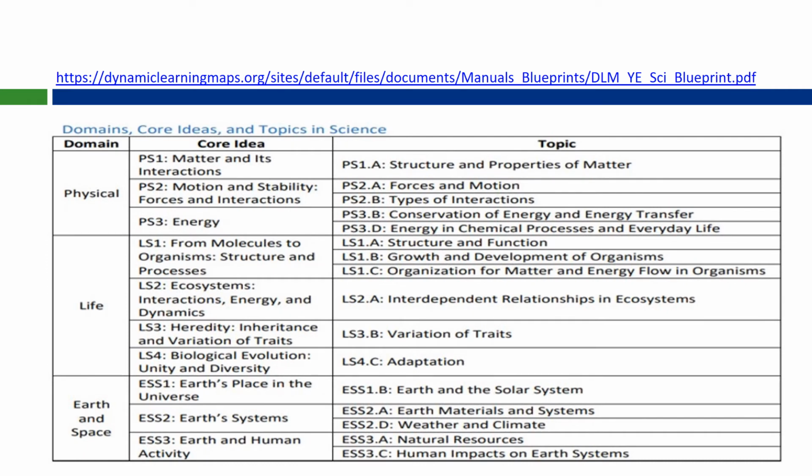Locate your science blueprint and refer to page 1. What do you notice that is different from ELA or math? You should see that science has 3 domains, 10 core ideas, and 16 topics. More science core ideas and topics are continually being developed for future use.